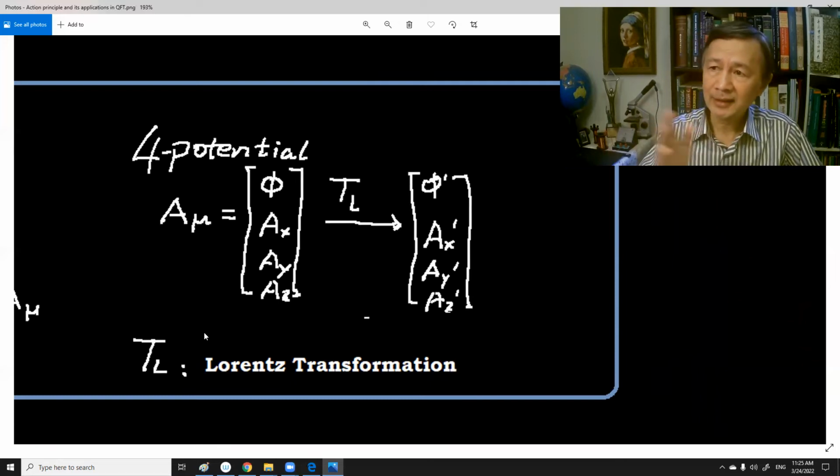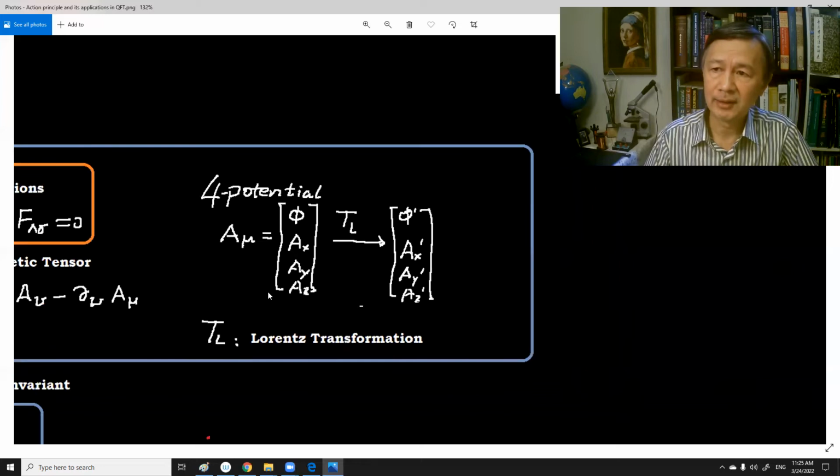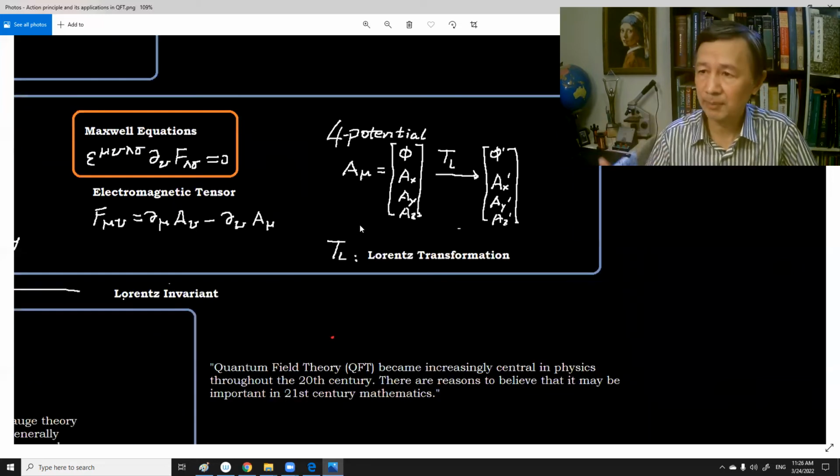So under Lorentz transformation, if the quantity remains the same in its mathematical form, that property is considered Lorentz invariant, or a gauge field. So that is the idea of the gauge field. The gauge field is just a purely mathematical requirement to ensure that under the Lorentz transformation, the mathematical form of the property of the quantity remains the same.